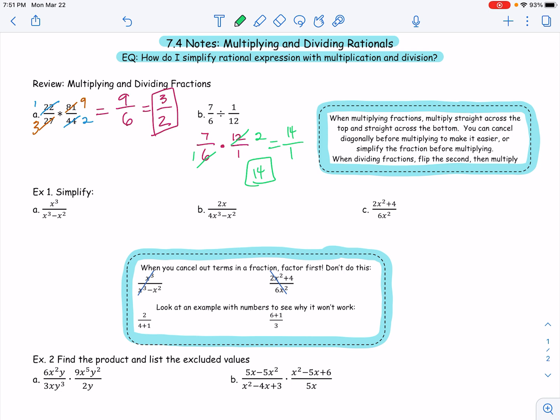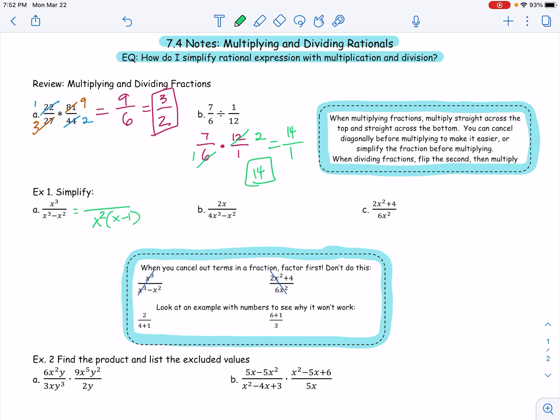So what I see for example 1 part A is x cubed divided by x cubed minus x squared. When I look at that numerator, I cannot factor that. It's factored already. When I look at that denominator, though, I see that I could pull out a GCF of x squared, leaving me with x minus 1.